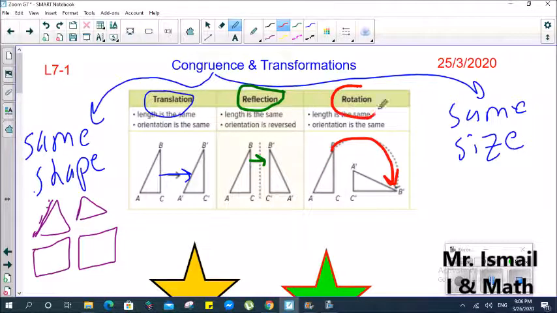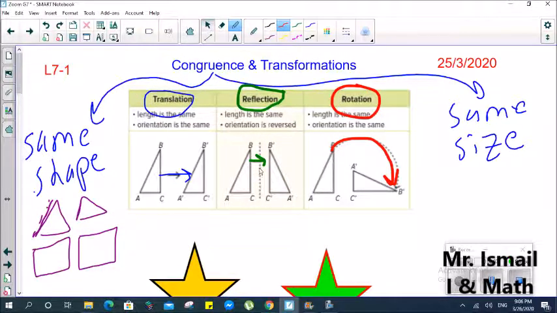So rotation, reflection, translation never change the shape or the size. The only transformation that changes it is dilation. With dilation, I make the figure bigger or smaller, then the two figures will not be congruent.